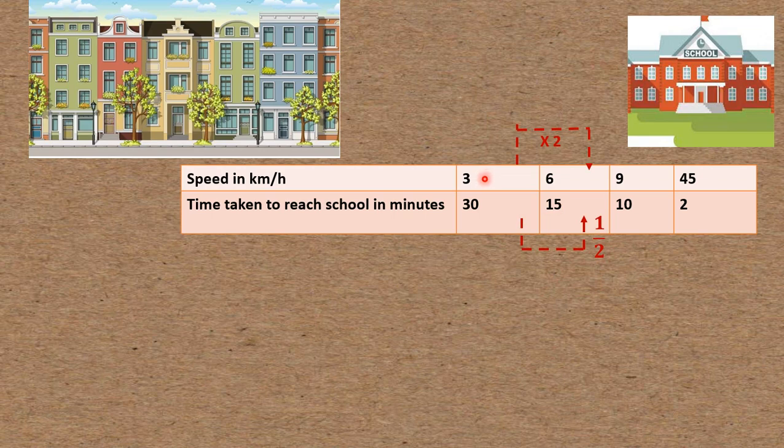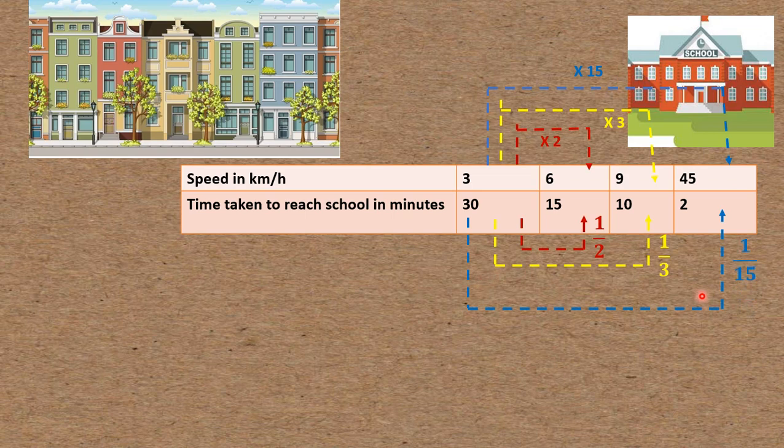Now from speed 3 to 9, it is multiplied by 3, so the time taken to reach school becomes 30 to 10, that means 1/3. Similarly, speed increases from 3 to 45, that is multiplied by 15, and time is reduced to 1/15.